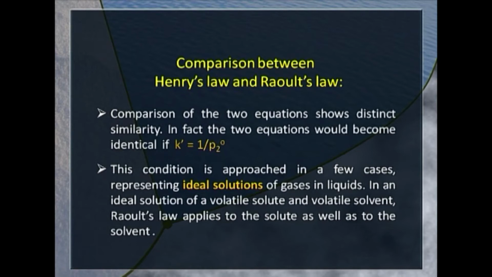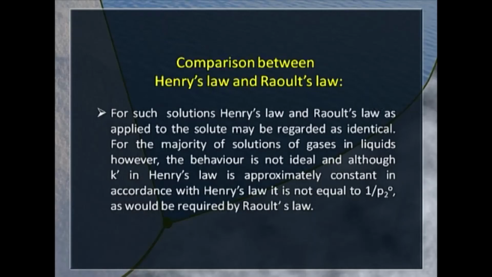In an ideal solution of a volatile solute in a volatile solvent, Raoult's law applies both to the solute as well as to the solvent. For such solutions, Henry's law and Raoult's law as applied to the solute may be regarded as identical. But for the majority of solutions of gases in liquids, the behavior is not ideal. And although we get K prime as a constant as per Henry's law, it is not equal to 1 upon P20 as demanded by Raoult's law.